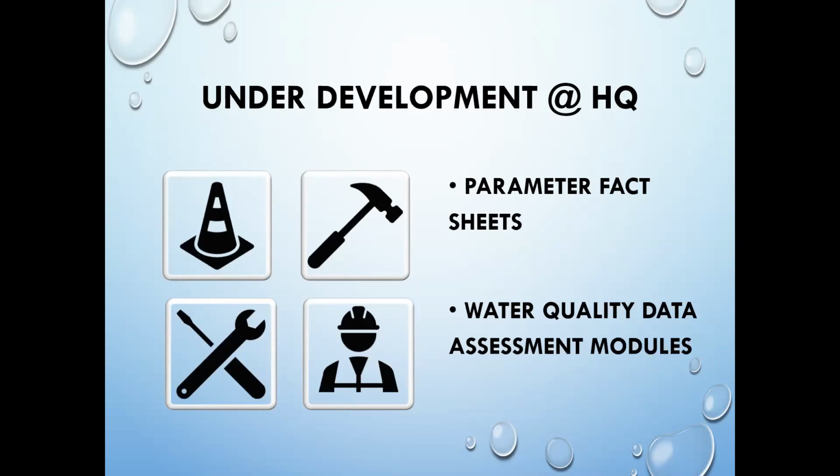Headquarters, with regional input, has been working on projects like this to help you assess your water quality data, and this includes detailed fact sheets on the basic parameters like DO, E. coli, macroinvertebrates, nutrients, pH, temperature, and turbidity, to help you understand more about the parameter, like why it's important to monitor, how to monitor for that parameter, what typical measurements are, impacts of impaired levels, and other factors to consider when you're monitoring.